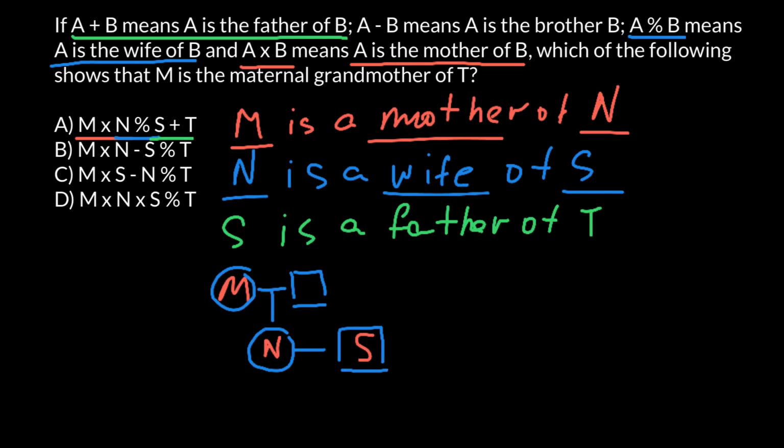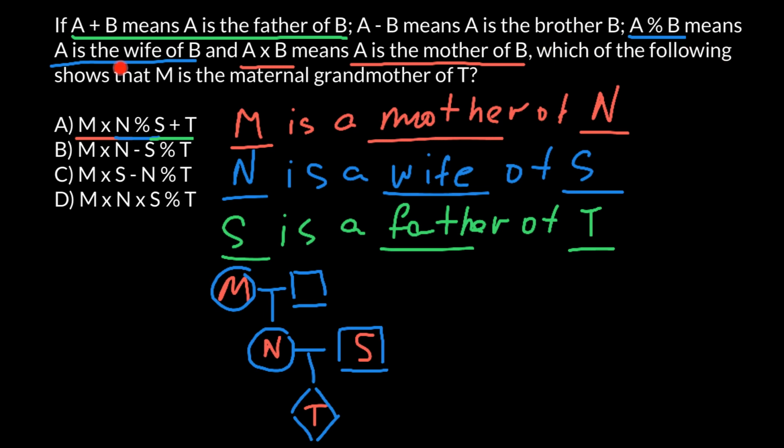Next statement, s is a father of t. And the sex of t is not specified, so we put this symbol, which means that sex is unknown. Now let's return to our problem.